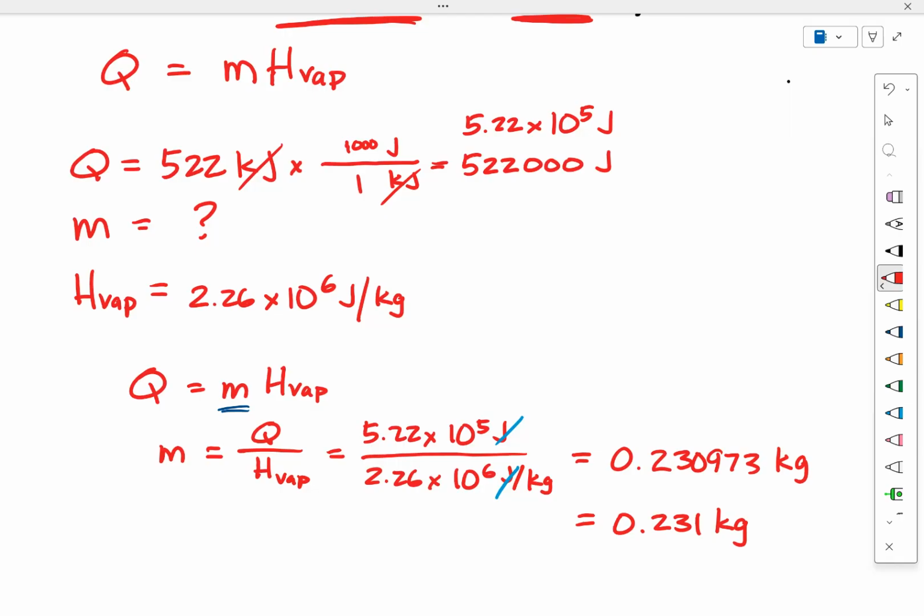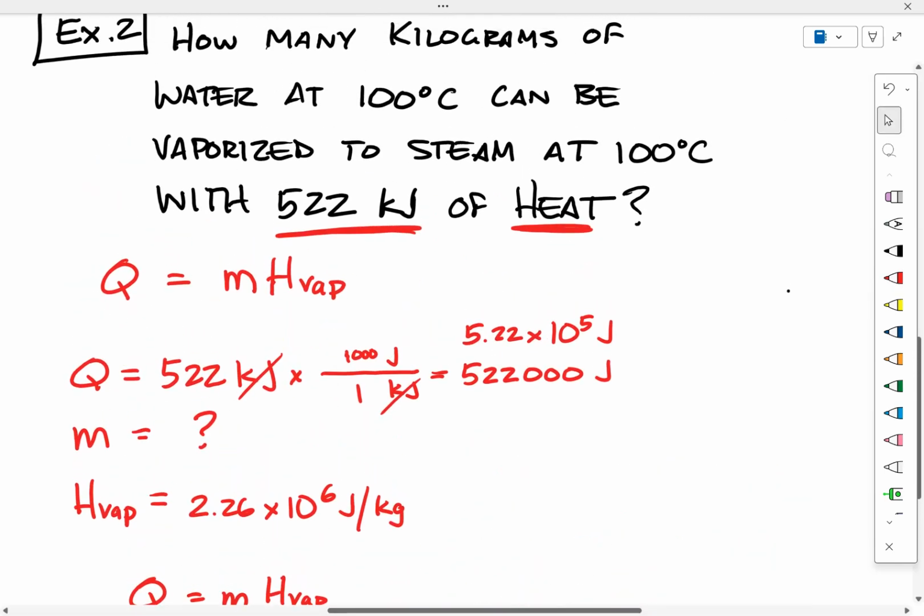Also, you might convert this and write it in grams, which is a little bit easier to write. So either one of those looks like the correct answer. What we just calculated is that with 522 kilojoules of heat, you could boil or vaporize 231 grams of water, assuming that it was at 100 degrees already.